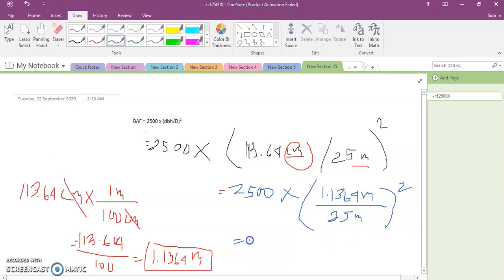So we have 2,500 times, what is 1.1364 divided by 25? We have 0.045, squared. Square the answer.